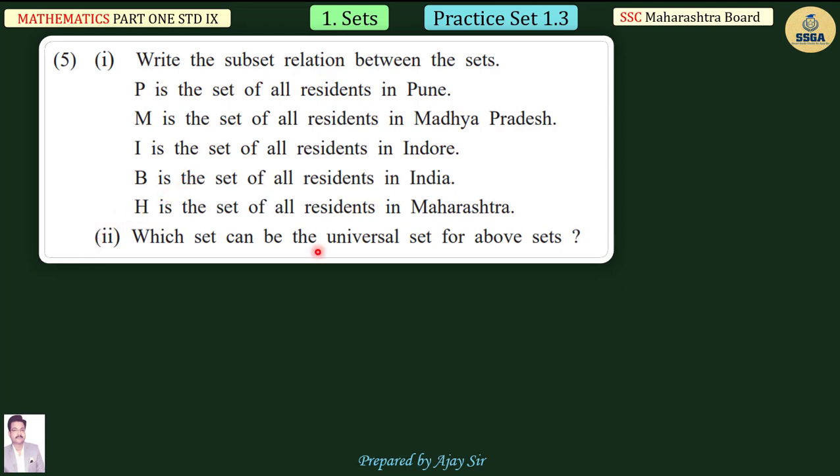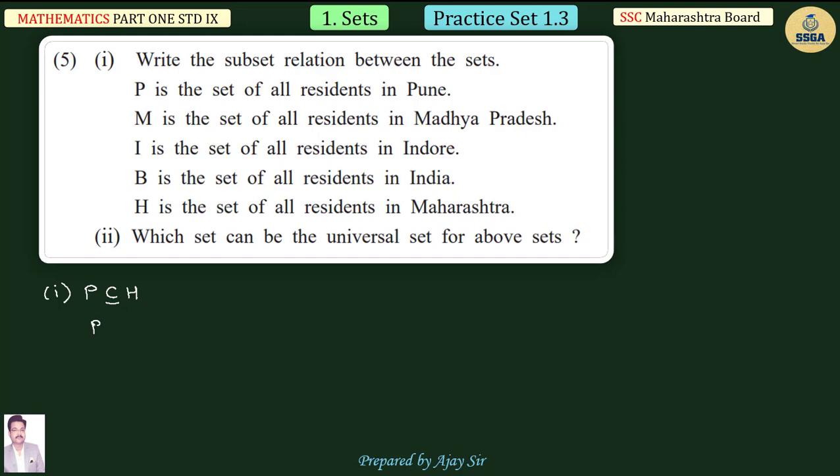Let us discuss the first part answer. Now here Pune is one of the cities of Maharashtra, means P is a subset of H. Next, Pune is one of the cities of India.